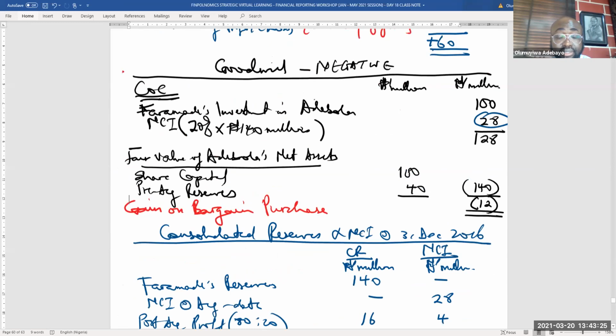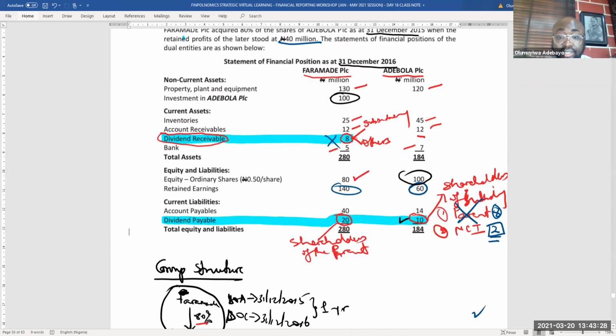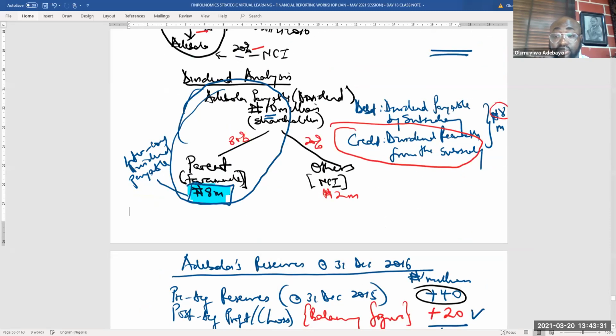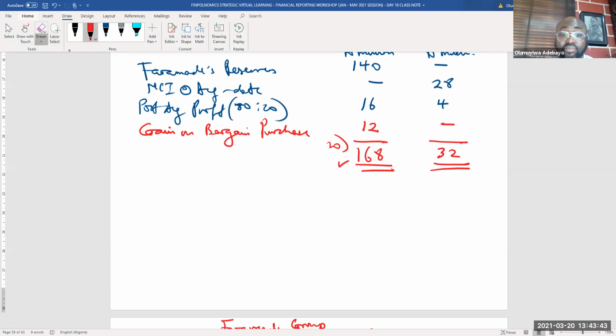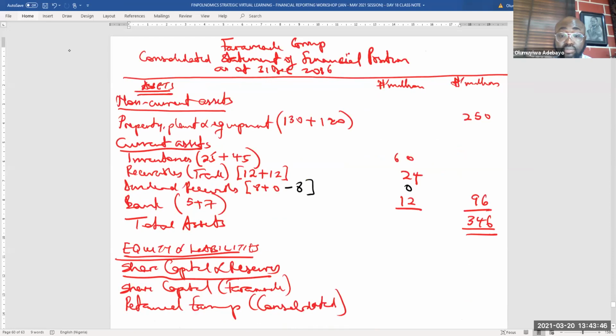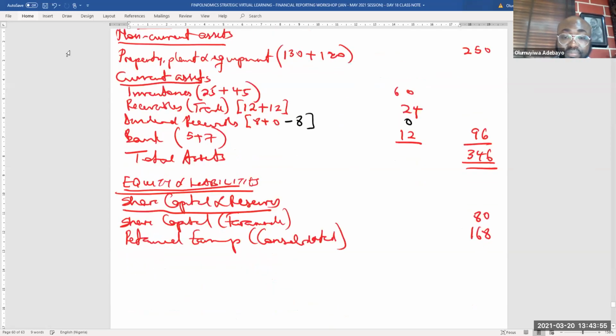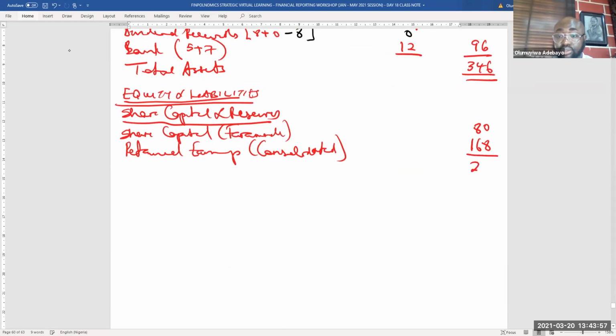Okay, what's the share capital again? 80, and consolidated retained earnings 168. That gives 248 as equity attributable to the shareholders of Farmadi.